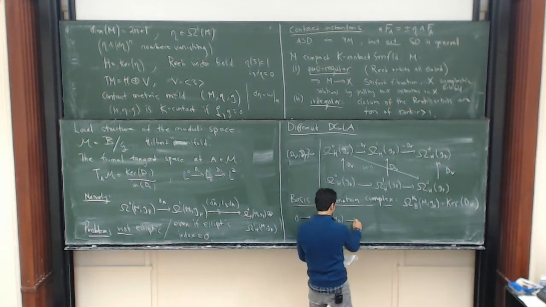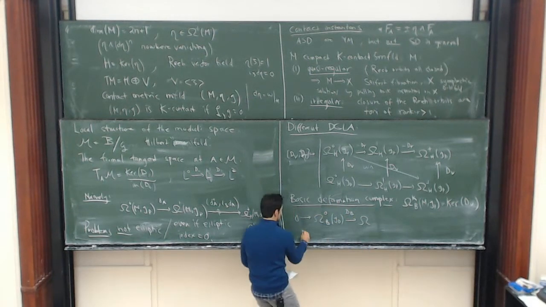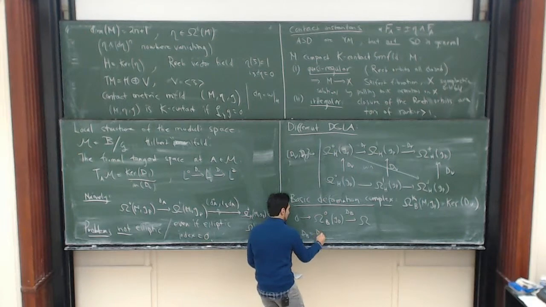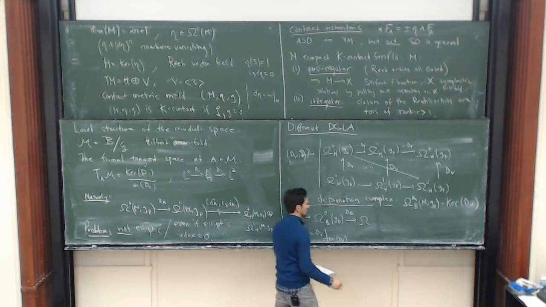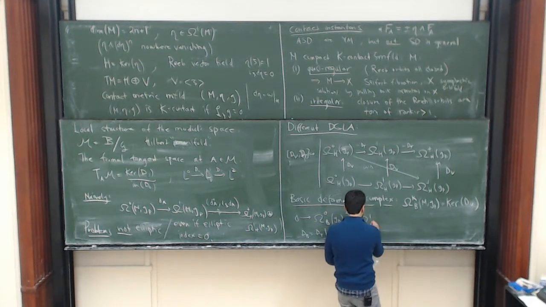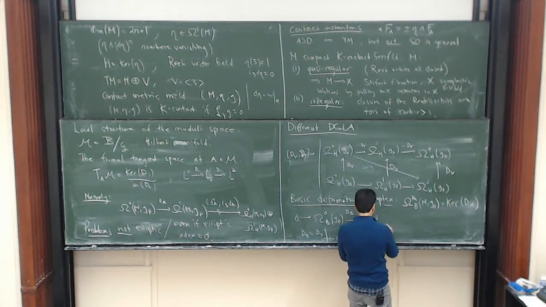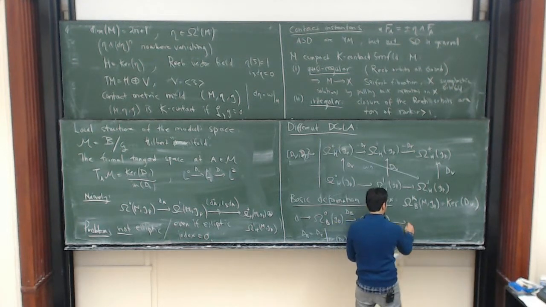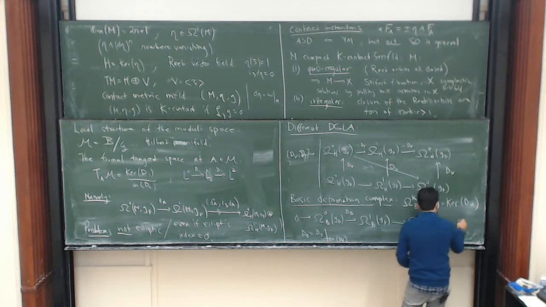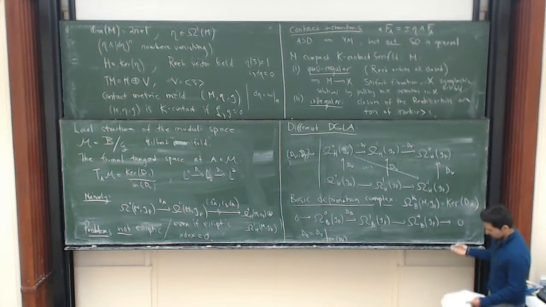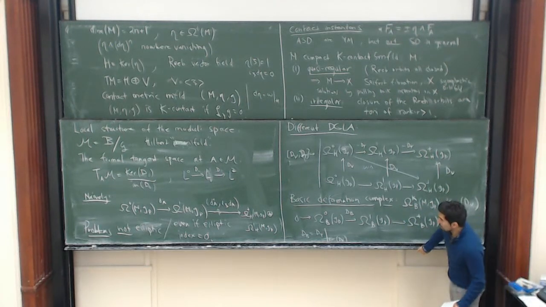Let me drop the m's. The dB again is just the restriction of the horizontal differentials to the kernel. Okay, so now this is a complex.